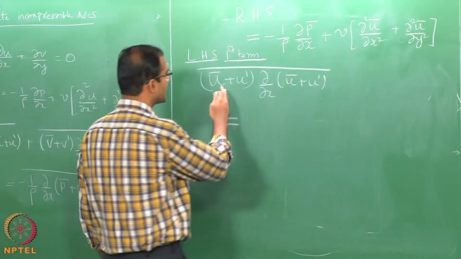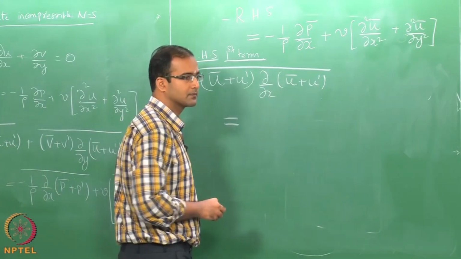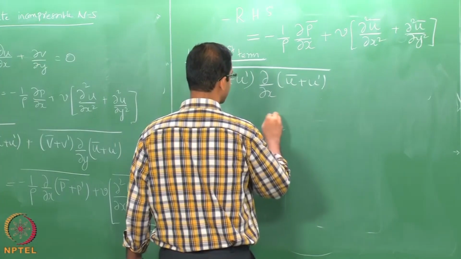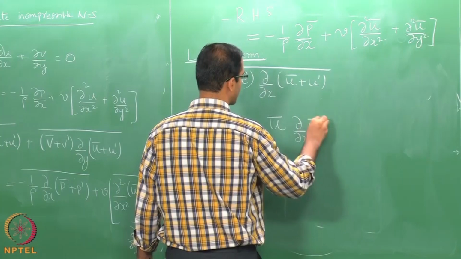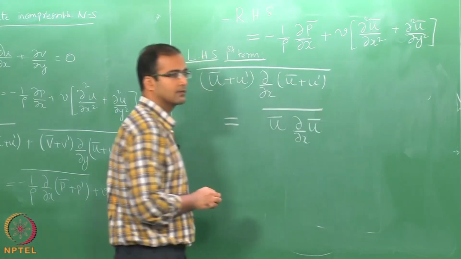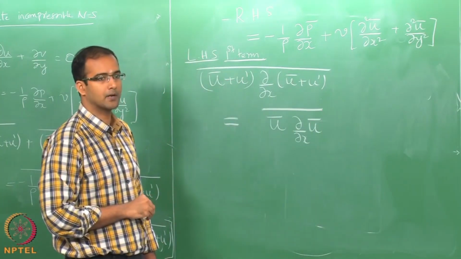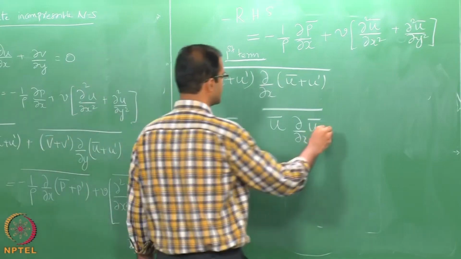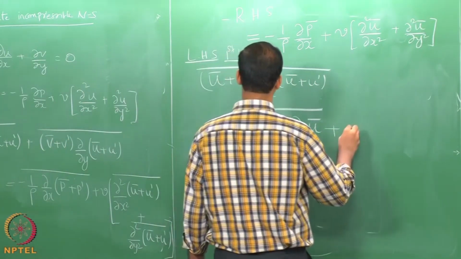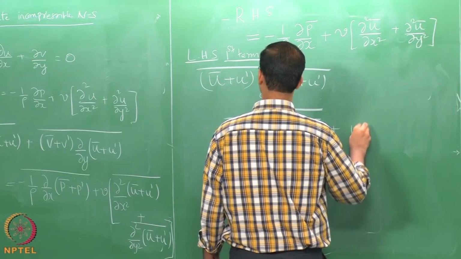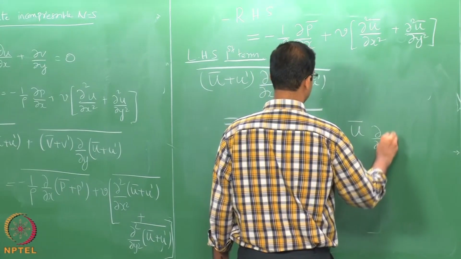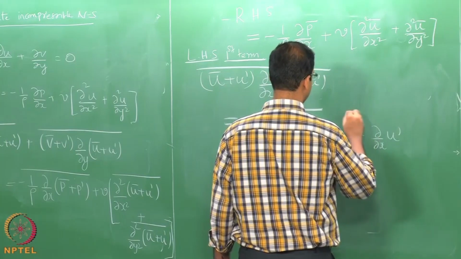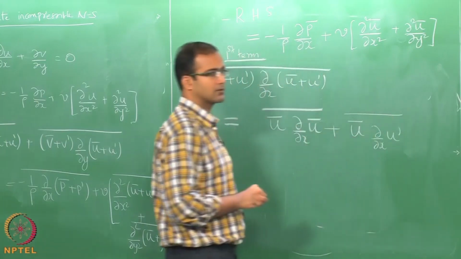We can split it into 4 terms. One is u bar d by dx of u bar, with the averaging operator applied to that, plus u bar d by dx of u prime, with the averaging operator applied to that.